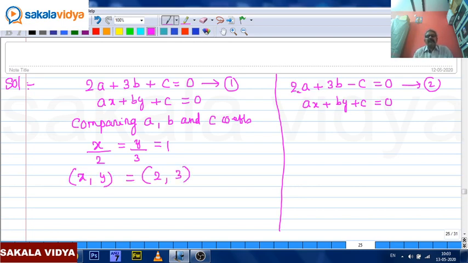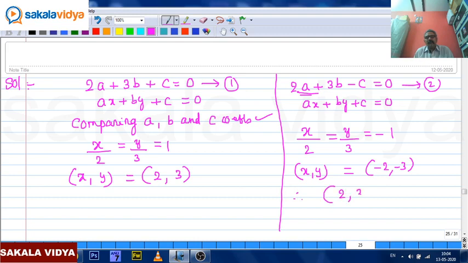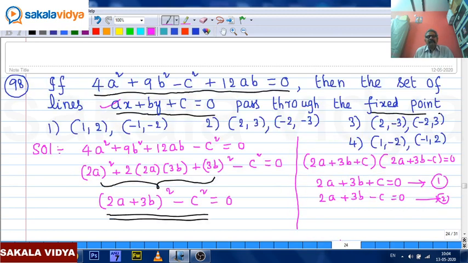So, with respect to this condition now, comparing same a, b, c coefficients, we have x by 2 equals y by 3 equals 1 by minus 1, x comma y equals minus 2 comma minus 3. Therefore, they pass through 2 comma 3 and minus 2 comma minus 3. Second option is the right option.